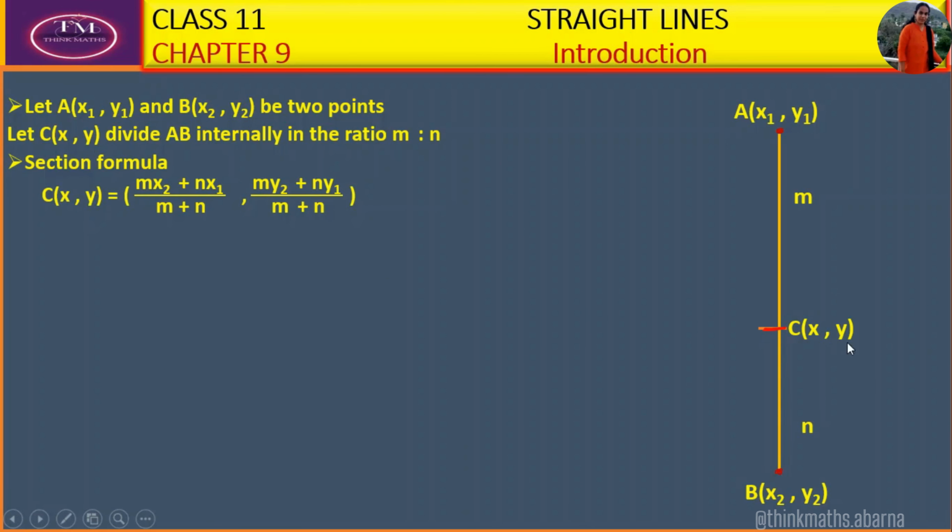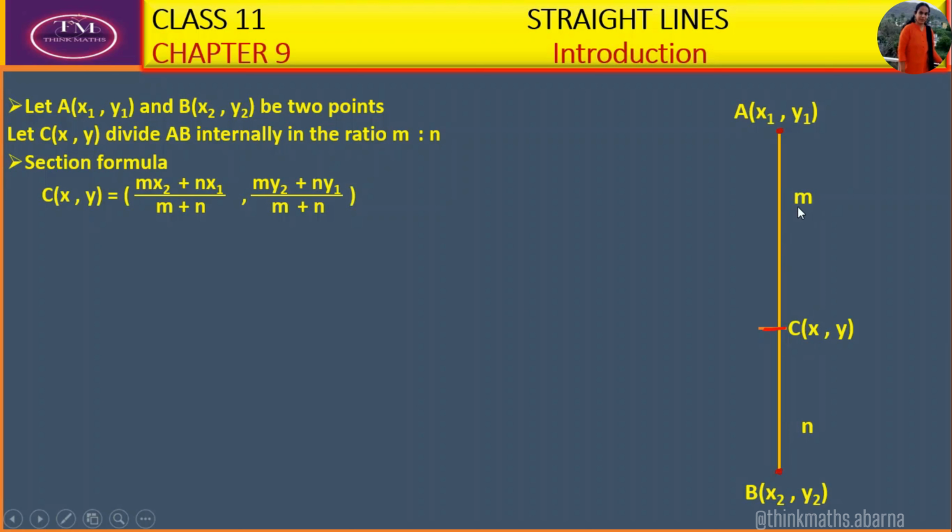This point can be found out using the section formula: C of (x, y) is equal to (m x2 plus n x1) divided by (m plus n), and (m y2 plus n y1) divided by (m plus n). So this is the way we find the value of x and y, that is, where the point C exists. This is the section formula.